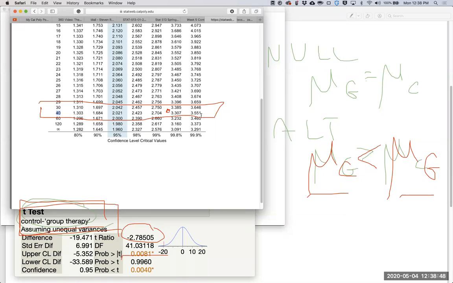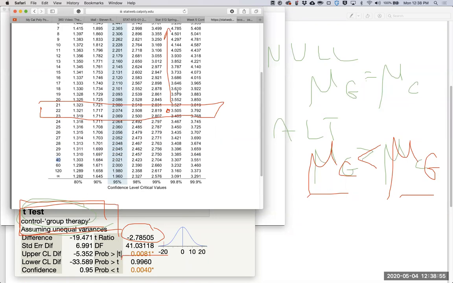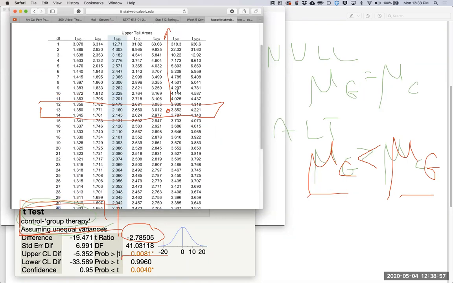If it were in the t-table, that's where it would be. If I read to the top, I'm going to find that my upper tail area is between 0.001 and 0.005.